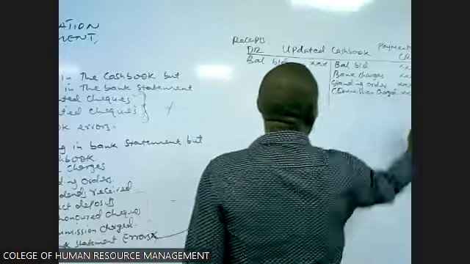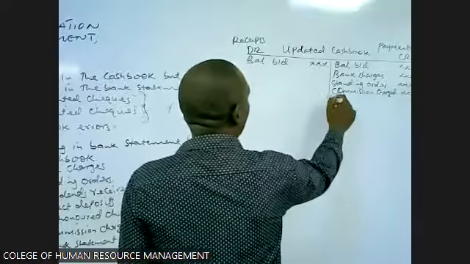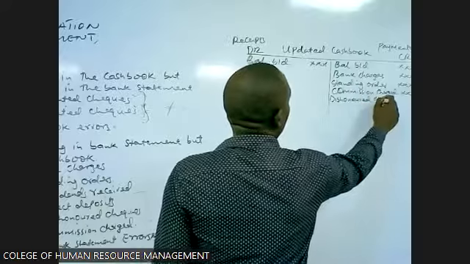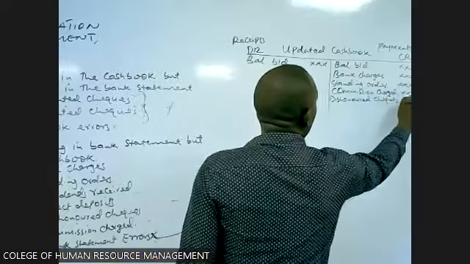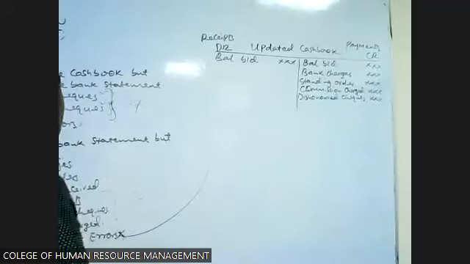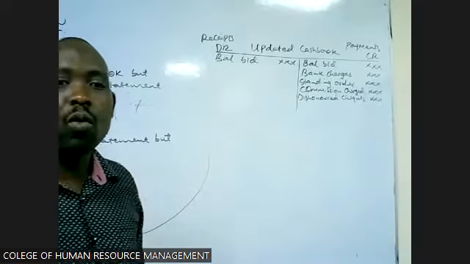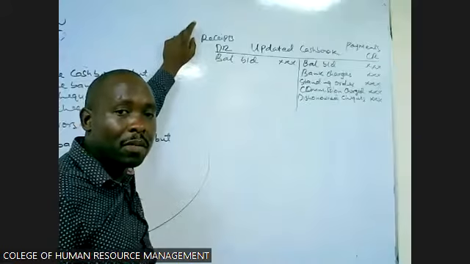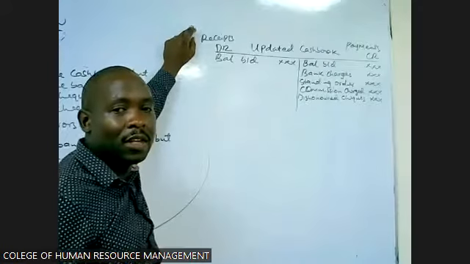And also the dishonored check. Put them there. The dishonored check appears there because we said that check was initially received. Initially, it was under the receipt, but the bank has rejected it.